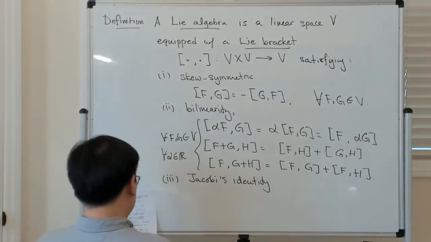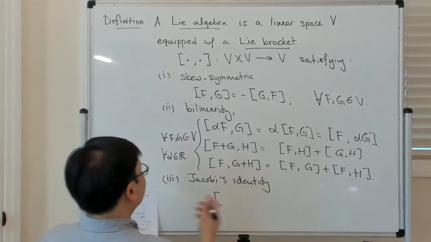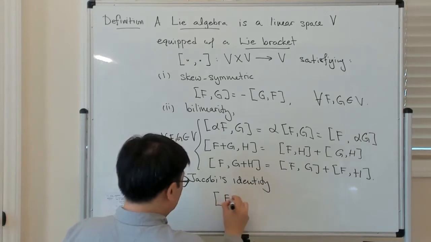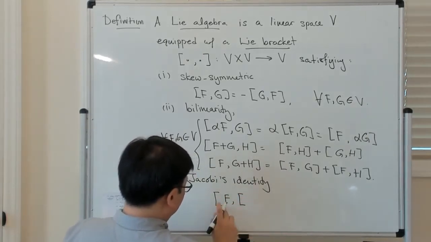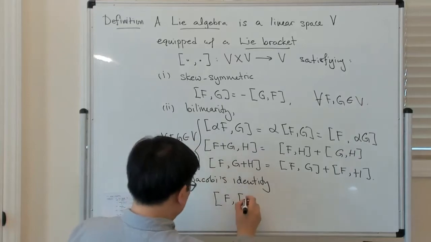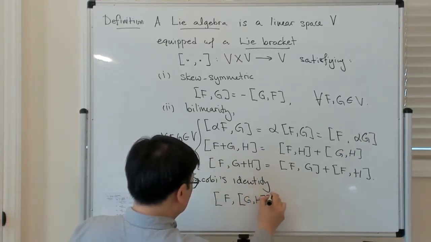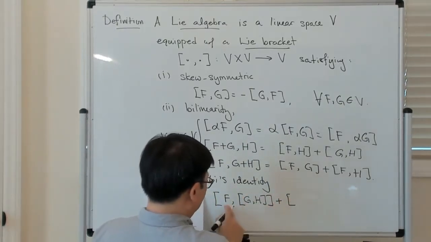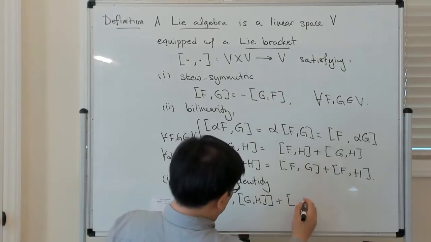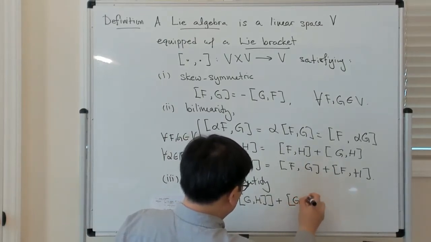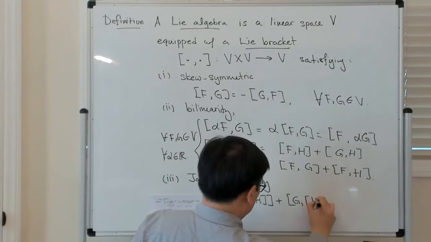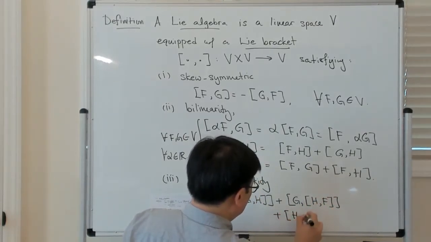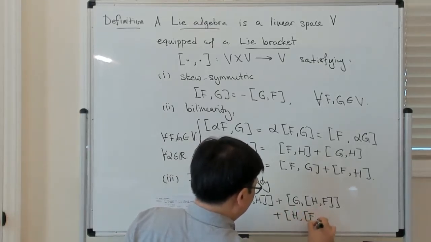What it basically means is that if you take the iterated Lie bracket of three things, so the bracket of f with the bracket of g and h, and then you cyclically permute this, which basically just means that you shift everything in a cyclic fashion, you have the bracket of g with the bracket of h and f, plus the bracket of h with the bracket of f and g.